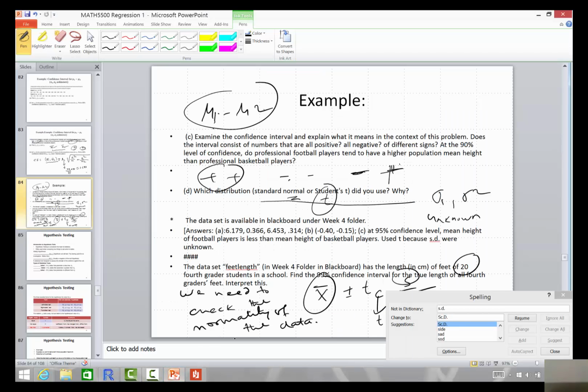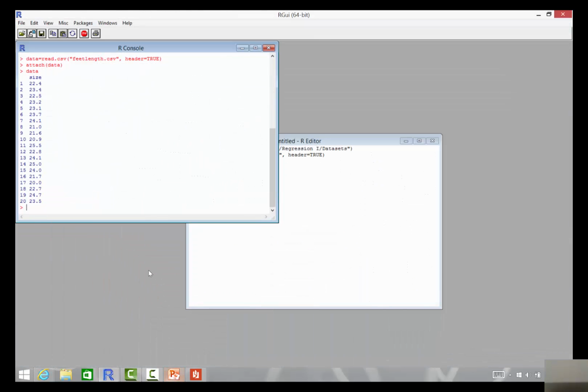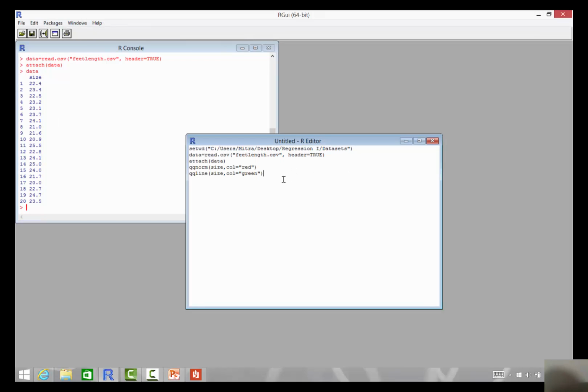Yes, in centimeters. So there are 20 kids in the fourth grade, with their feet length in centimeters given here. The problem does not say the population is normal and the sample size is small, so you need to check the normality now. How do you check the normality? I'll tell you here what I'm trying to do.